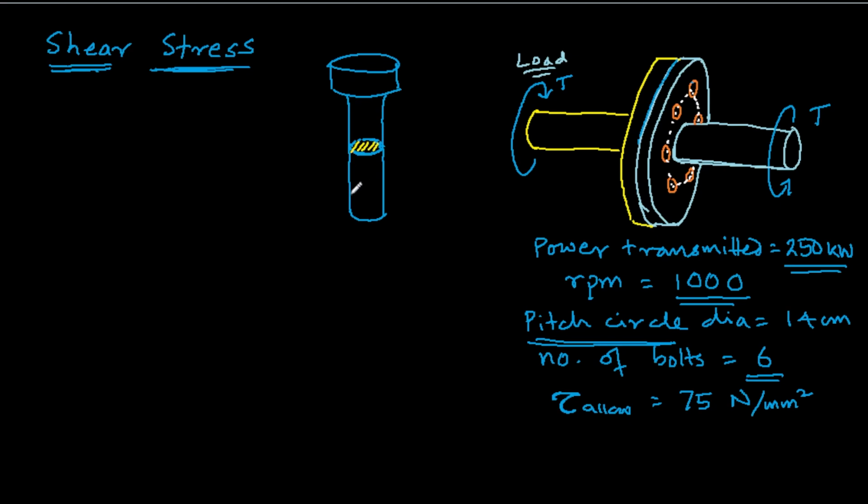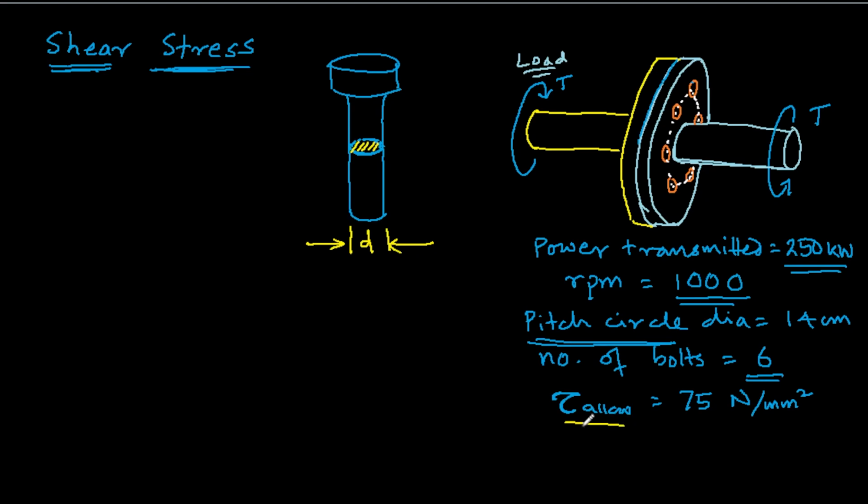Now let's assume that the diameter of the bolt which we are going to design is D. What is the maximum shear stress that can exist there?